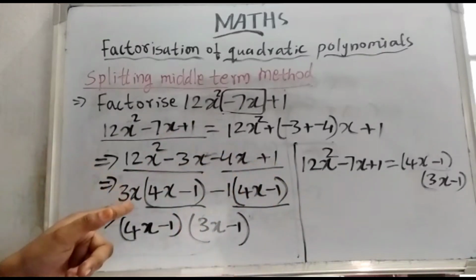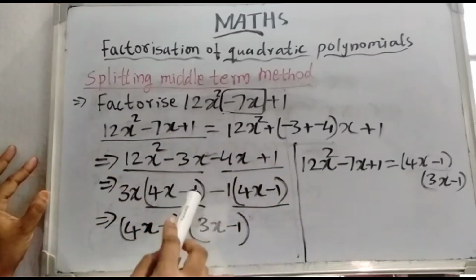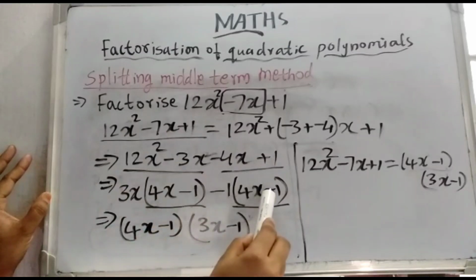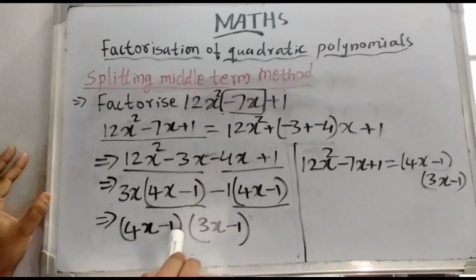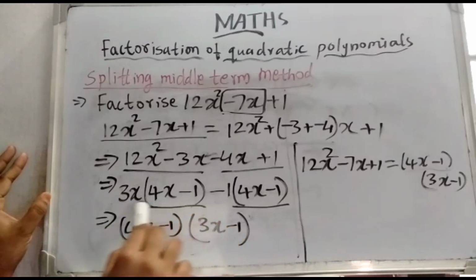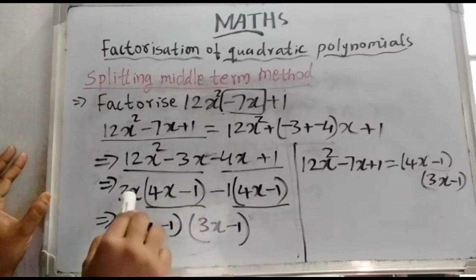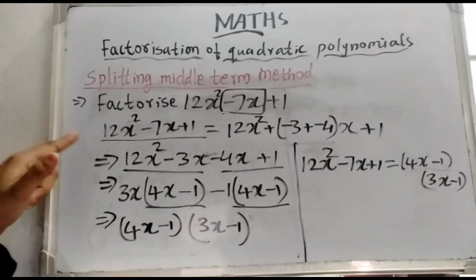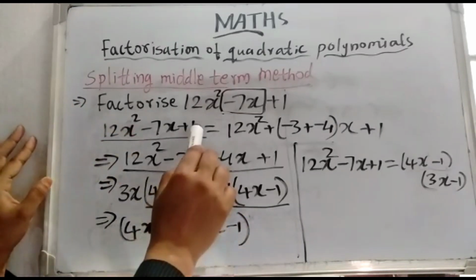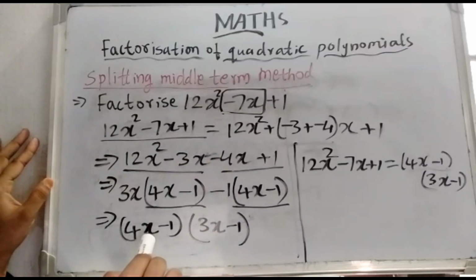Then in this step, 4x minus 1 is common in both terms, so take 4x minus 1 outside. Then what remains here? 3x minus 1. So 12x square minus 7x plus 1 is equal to 4x minus 1 into 3x minus 1.